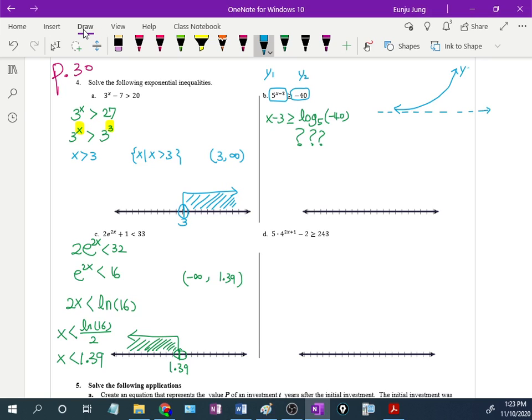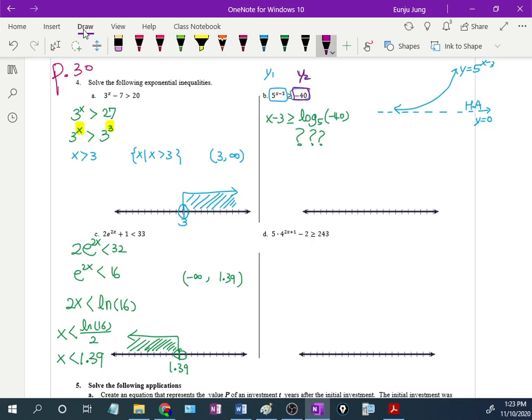So this is y equals 5 to the x minus third power. This is the horizontal asymptote. What is the horizontal asymptote of this function? y equals 0.